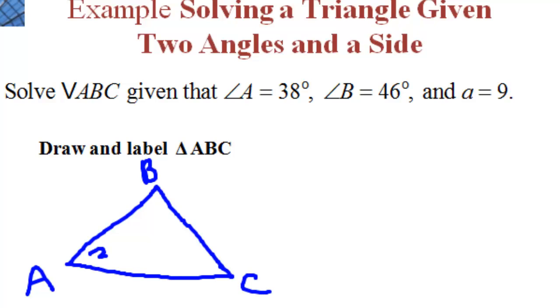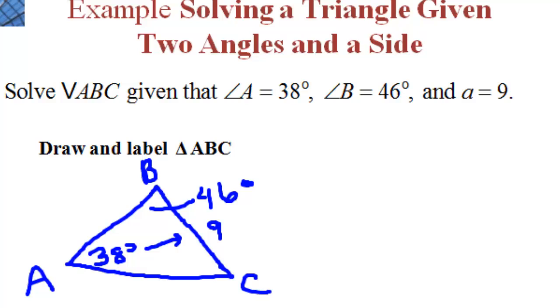Angle A is 38 degrees. Angle B is 46 degrees. And the side a, which is the side opposite angle A, is 9. So we want to solve for the remaining 3 parts of the triangle.